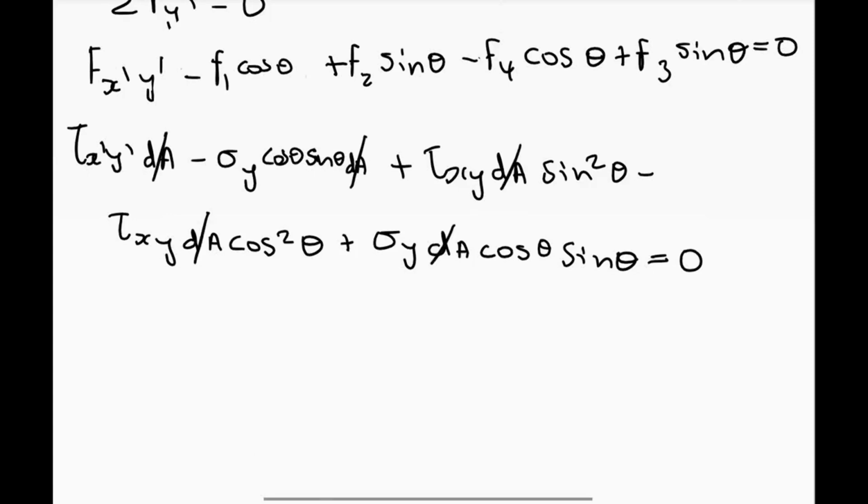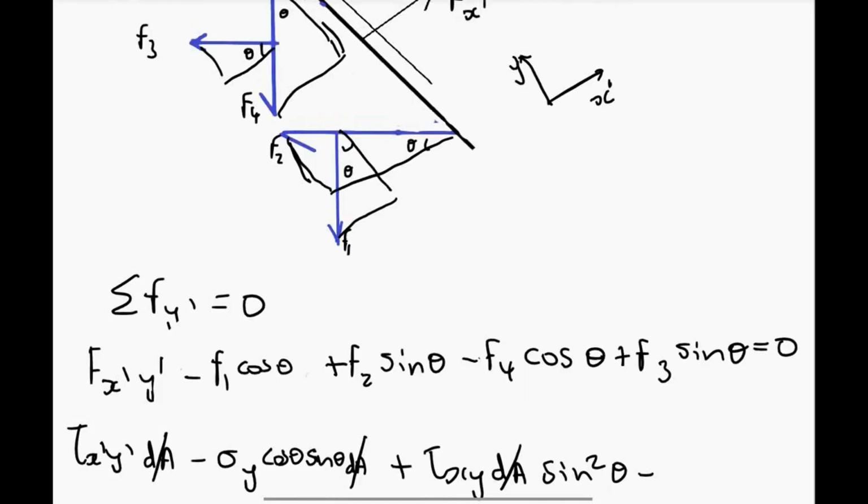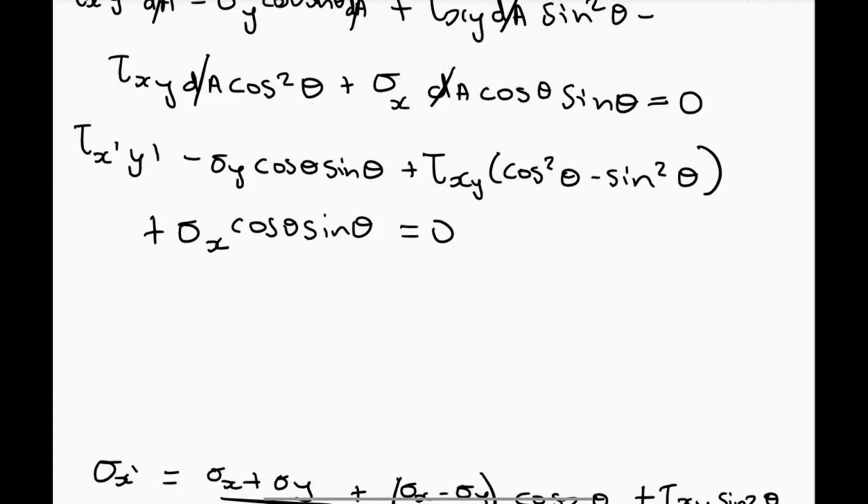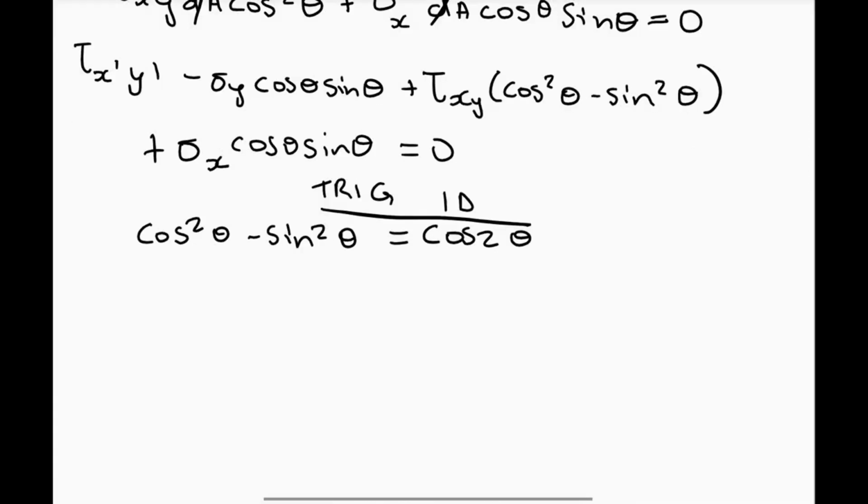So now I have my expression as tau x prime y prime minus sigma y cos theta sine theta plus my F4, tau xy (cos squared theta minus sine squared theta), plus sigma x cos theta sine theta.